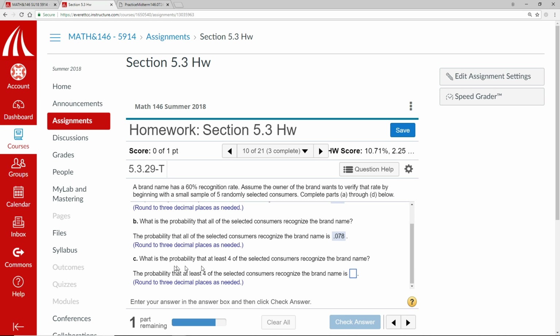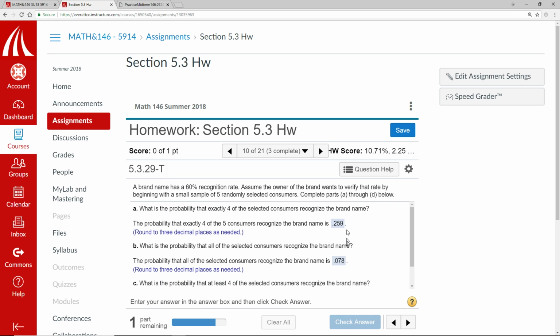So the truth is, to calculate the probability that at least 4 of the selected consumers recognize the brand name, it's actually just going to be the sum of these two, 4 and 5 put together, because it's the probability of 4 or 5, which is you simply sum them up.